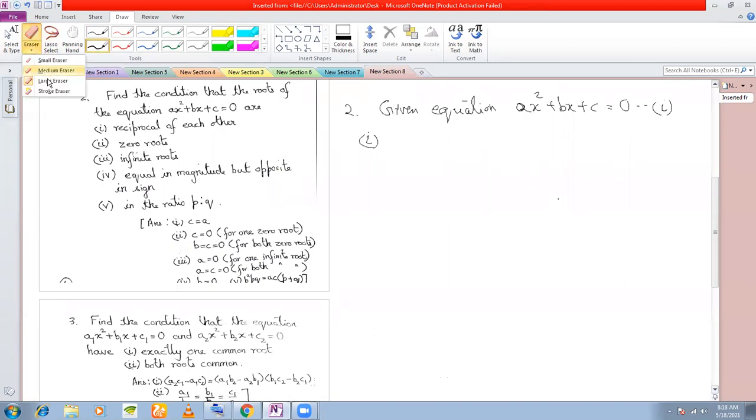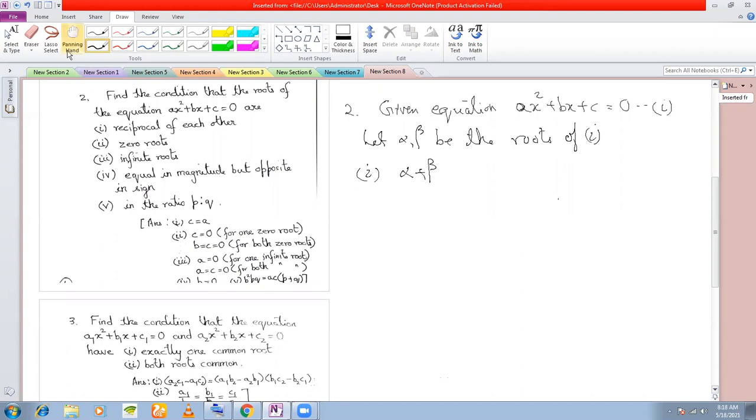I start by saying let alpha beta be the roots of 1. Okay, so here we have the sum of the roots is equal to minus b by a, and the product of the roots is equal to c by a.